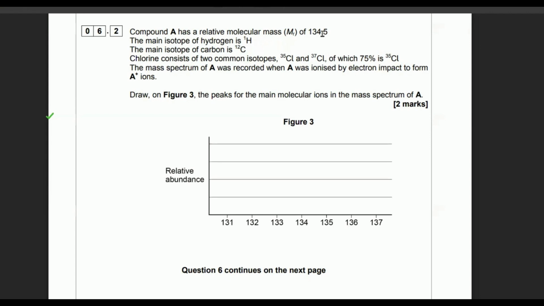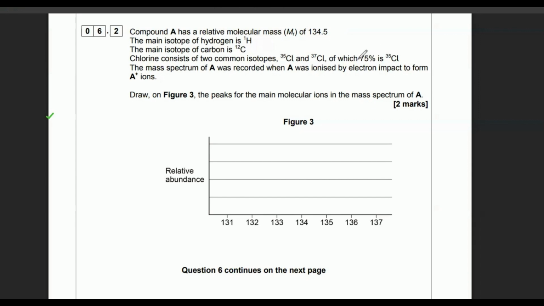So we know that they're going to be around 134 because this is the average of the isotopes, taking into account the abundance. And we know that the hydrogen is always H-1 and the carbon is carbon-12, but the variation here, the reason why it's 134.5, is because some of the isotopes have chlorine-35 and the rest have chlorine-37.